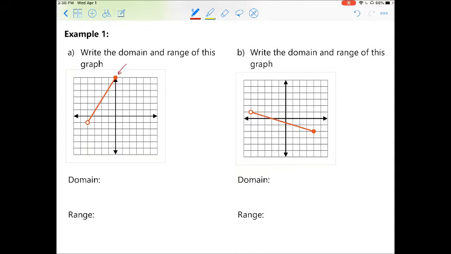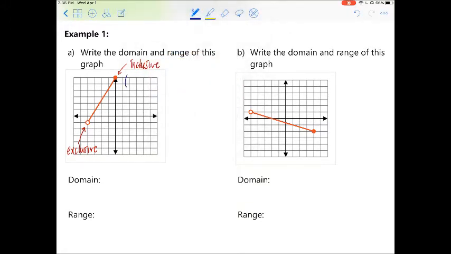So this filled in circle here, it is an inclusive point. Whereas this empty circle here means it is an exclusive point. In order for us to write the domain and range, we need to understand what kind of value of x and y we have here.